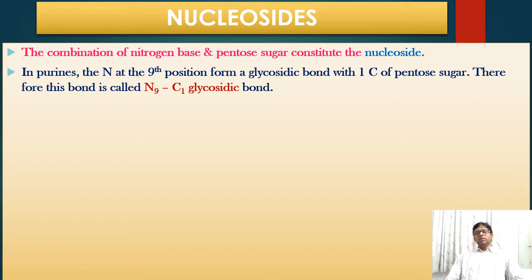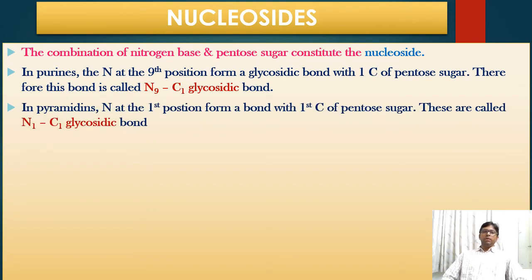In pyrimidines, the nitrogen at the first position forms a glycosidic bond with first carbon of pentose sugar. This bond is called N1C1 glycosidic bond.